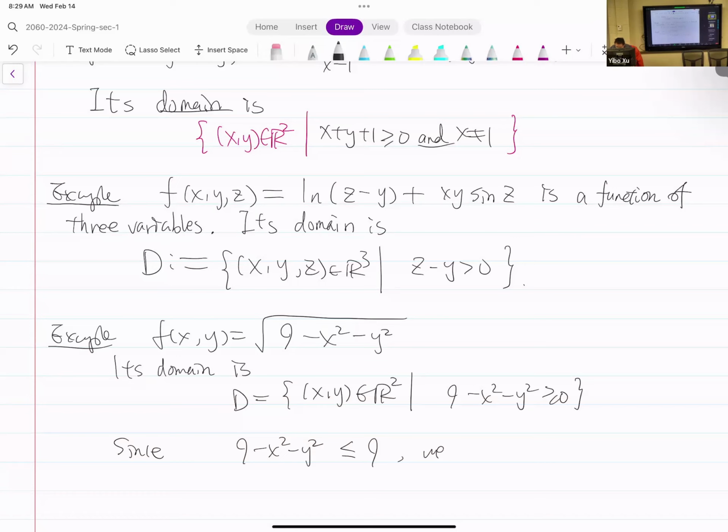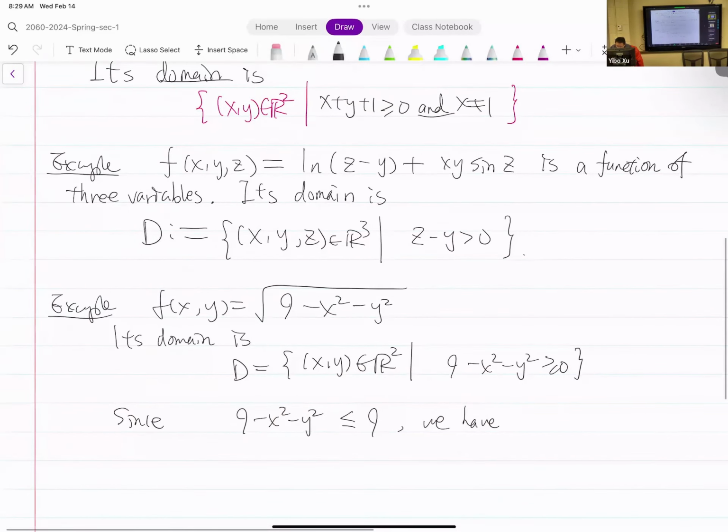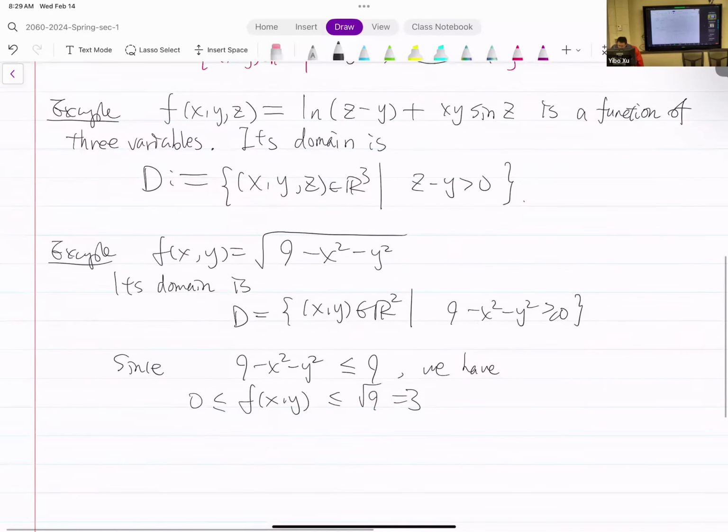So this tells you the radical's input is at least 0, but at most 9, right? So if you take the square root, the output is between the square root of 0, which is 0, and the square root of 9, which is 3. Okay. So this helps you to identify the range.